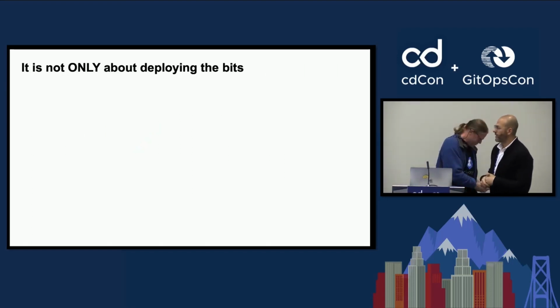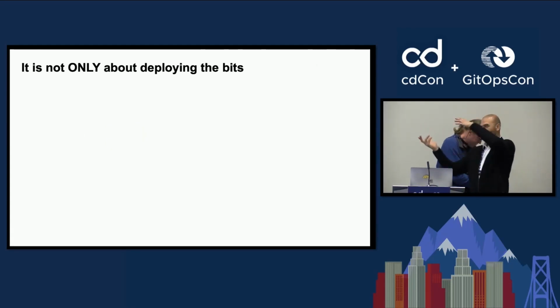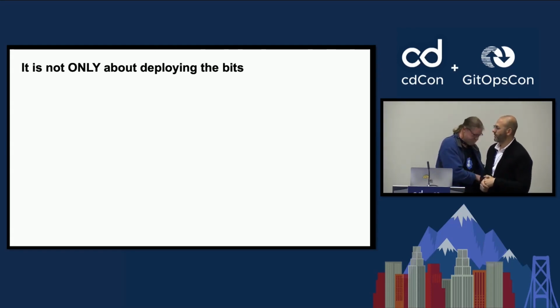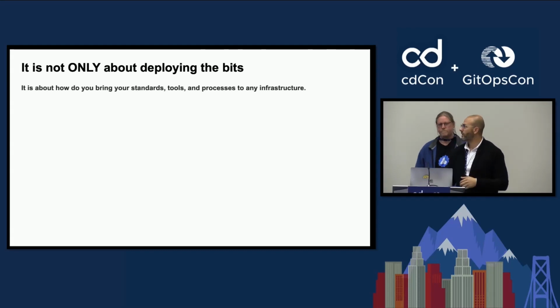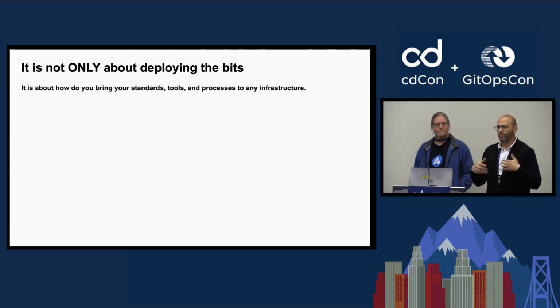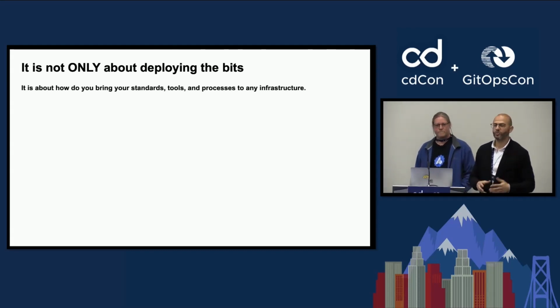Now, you may think and say, well, I have the container images and I have the YAML files. I can just take them and throw them over the wall to that other cloud, and I just deploy them. Well, in reality, it's not about that. You want to make sure that you move your standards, you move your tools, you move all that you want to achieve in your deployment or delivery to any cloud.